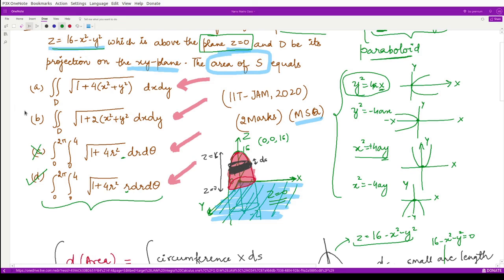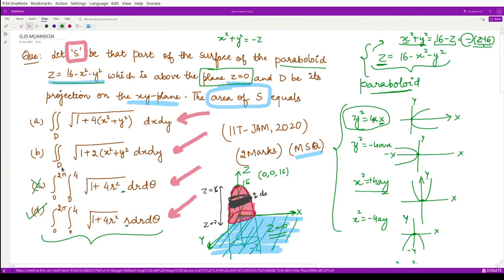But what about A and B? Now A and B are defined over D. And what is D? D is the projection of the paraboloid onto the xy plane.